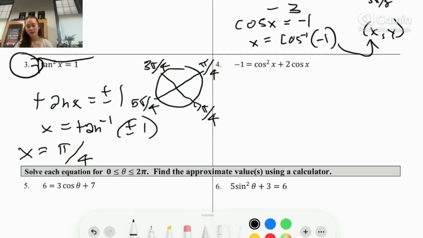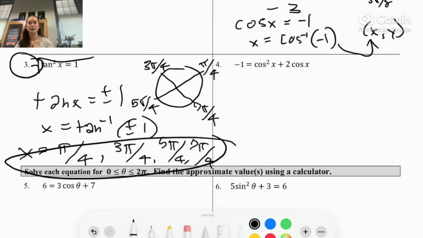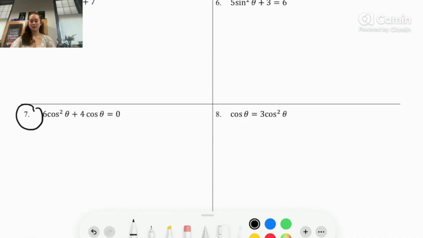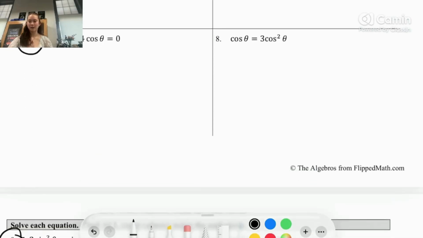So you just keep going like that, and eventually you will get 3 pi over 4, 5 pi over 4, and 7 pi over 4. All 4 of those will be an answer because they all equal plus or -1. Next, we're going to do 7.